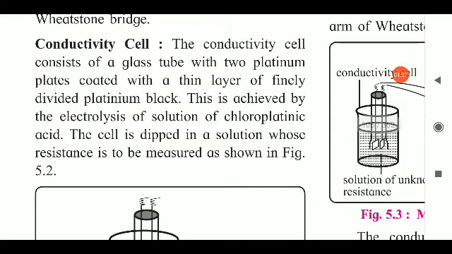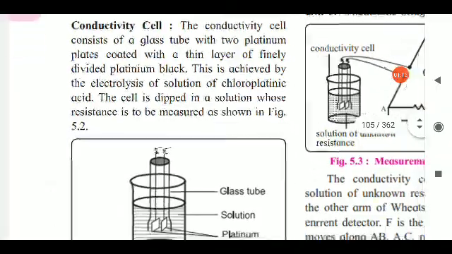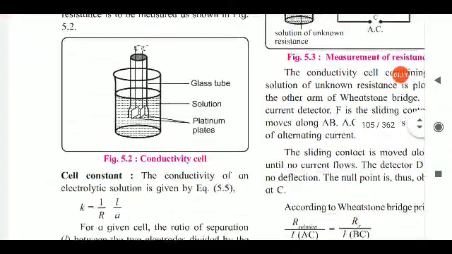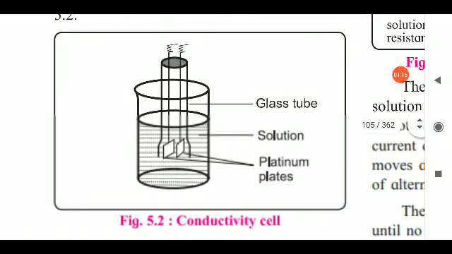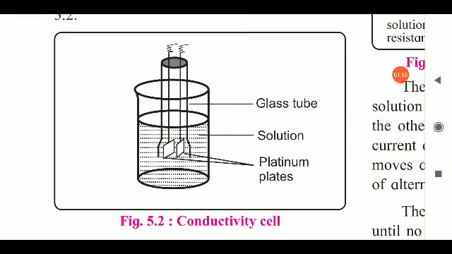Now students, look at this conductivity cell. First of all we will discuss the conductivity cell. This is the picture of a conductivity cell. By the measurement of resistance we can calculate the conductivity. Conductivity cannot be measured directly; experimentally we dip this conductivity cell and get values on a digital multimeter.